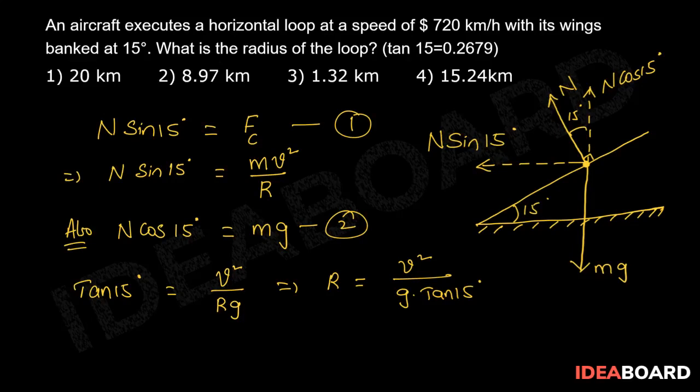According to the problem, the value of v is given as 720 km per hour, which is equal to 200 meter per second.